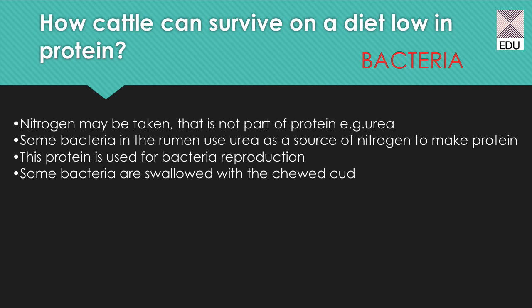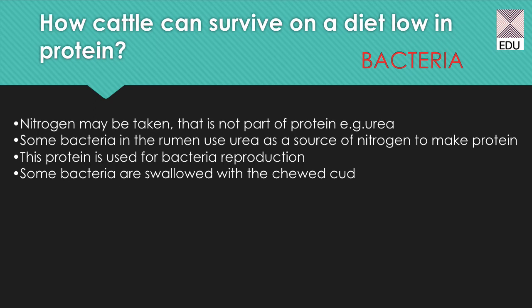While the cattle is eating the food, some of the bacteria from the rumen are taken up into the next chambers, and those bacteria go to the intestine of the cattle. Now these bacteria serve as food for the cattle.